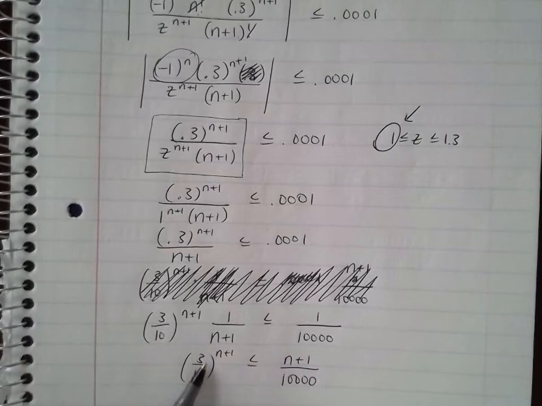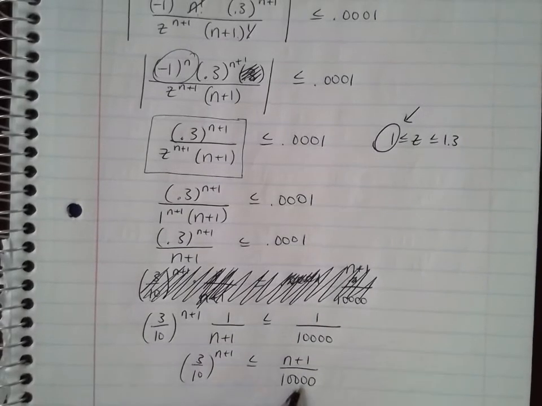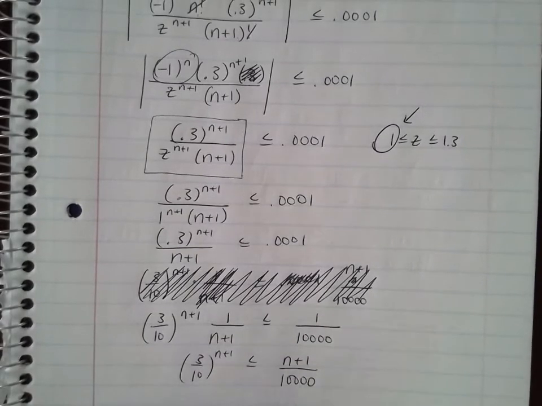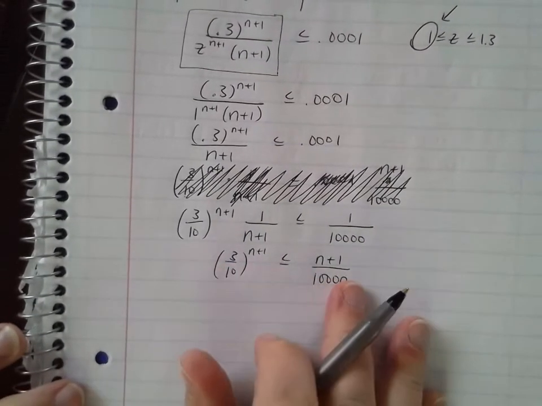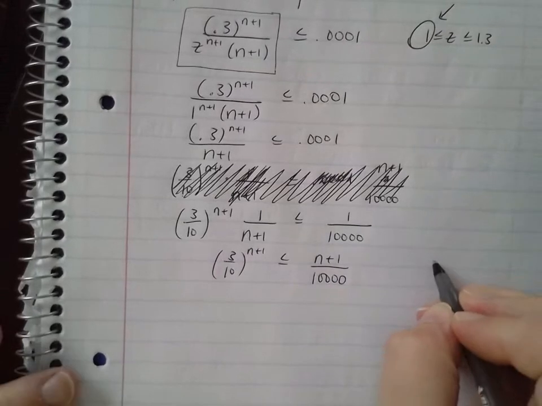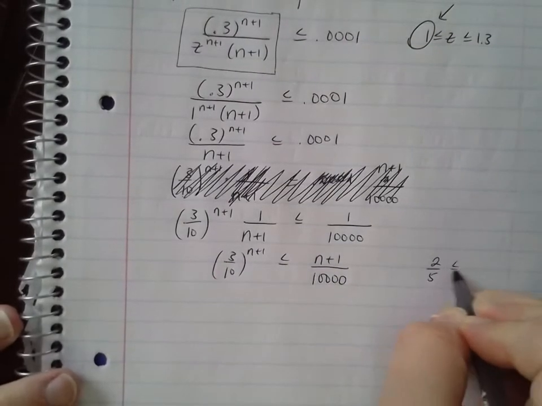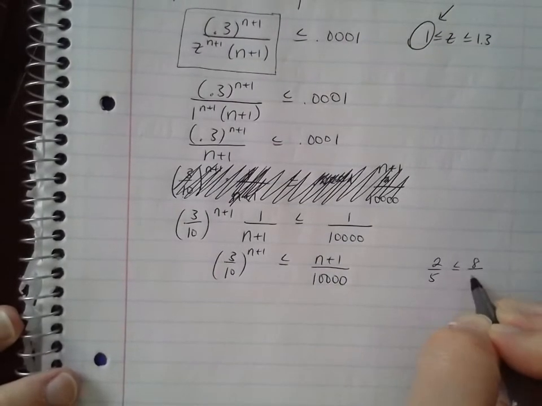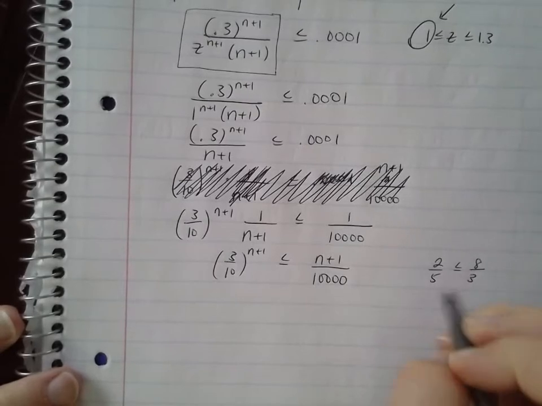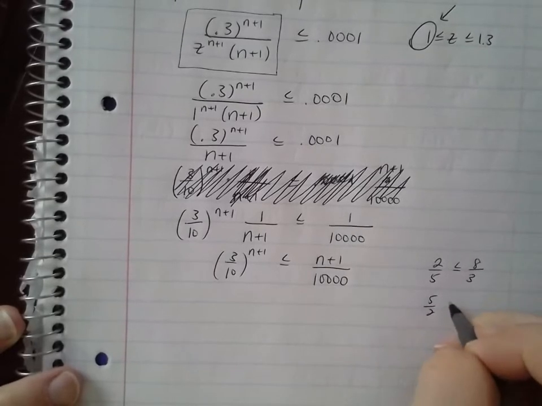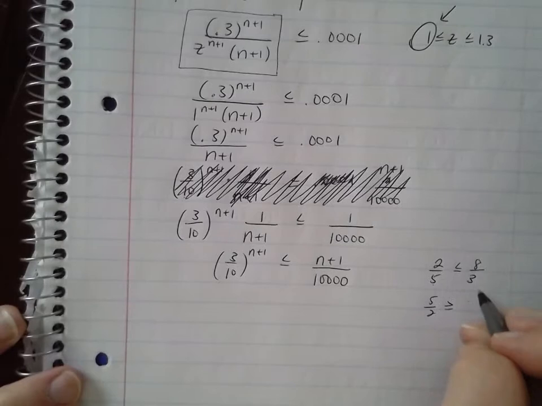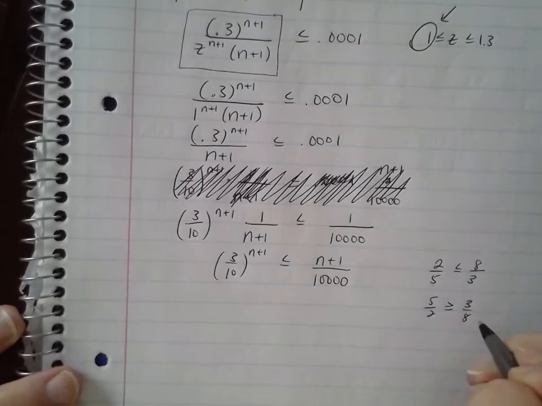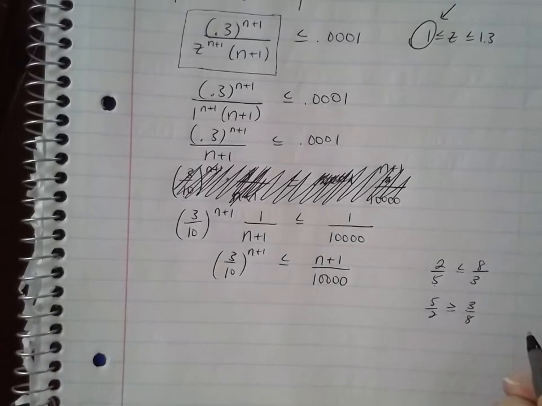And if I have a fraction that's less than or equal to another fraction, then if I flip those two fractions, the inequality will flip. For example, if I have 2/5 is less than 8/3, or actually it doesn't, it's going to flip there. 2/5, 3/8. Okay.